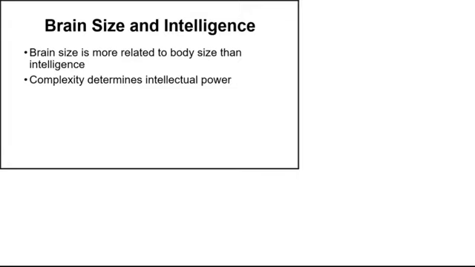What seems to matter more is actually the comparative body size to brain size ratio. So if you have a large brain for your body size, then that would be a sign of intelligence. But if you look at very, very large species, they might have comparatively smaller brains for their mass, but their brain might still be much bigger than ours.